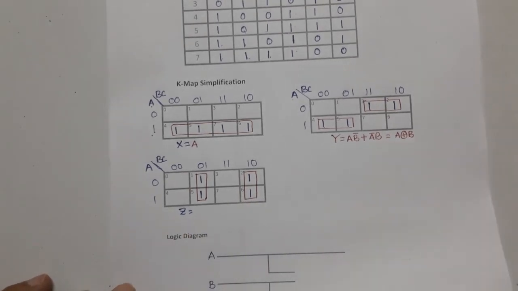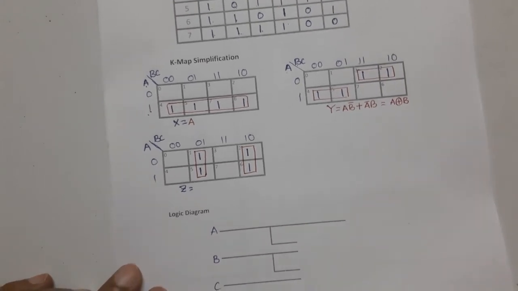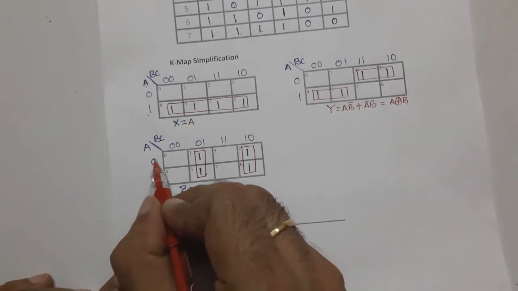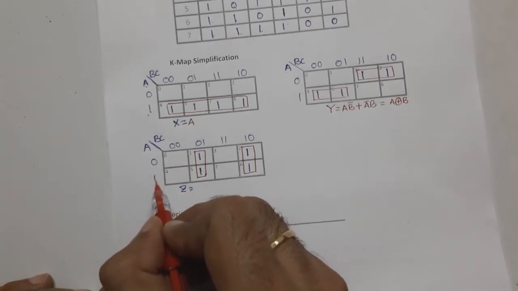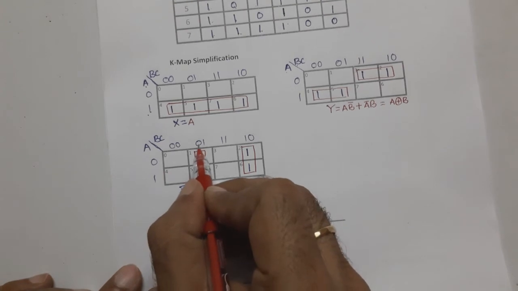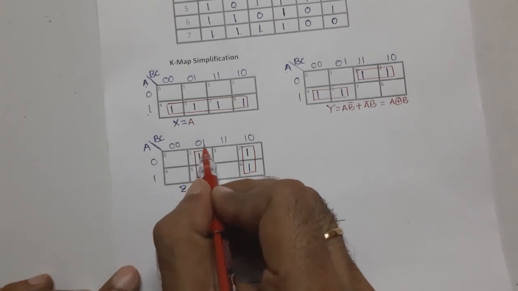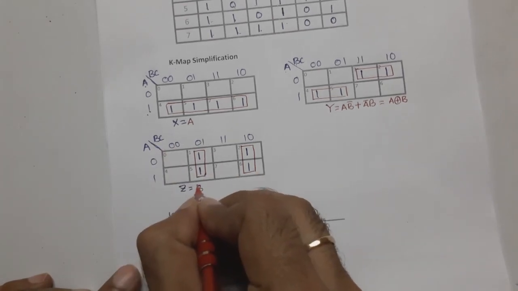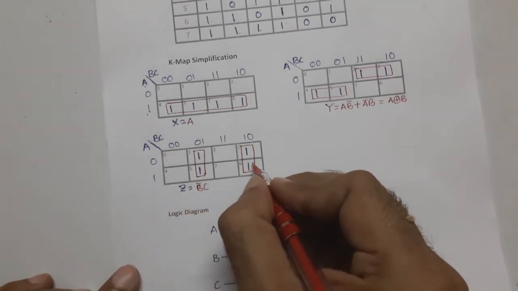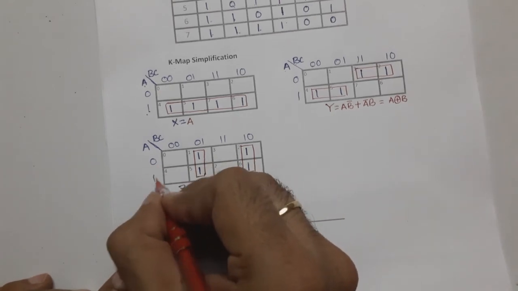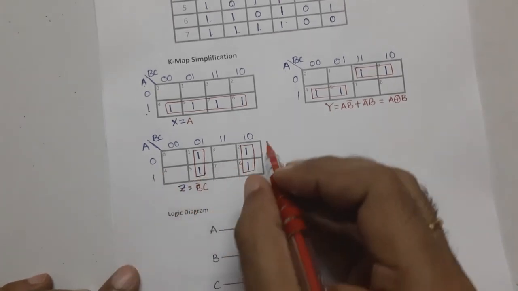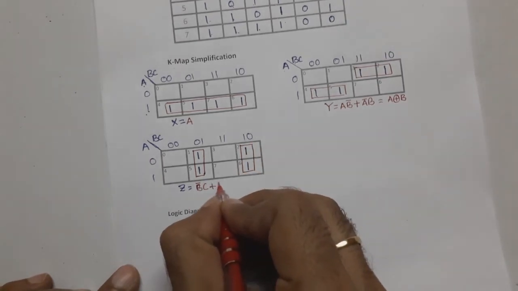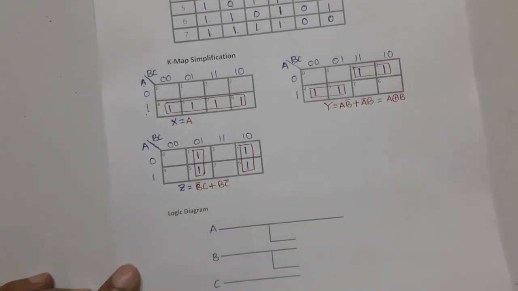Now for this group you have two horizontal rows covered, nothing is common here, and a vertical column is 0 1. 0 1 means it is B complement C. So B complement C, and for this two rows are covered, nothing is common, they are 0 and 1, and here you have 1 0, so that you can write it as B C complement.